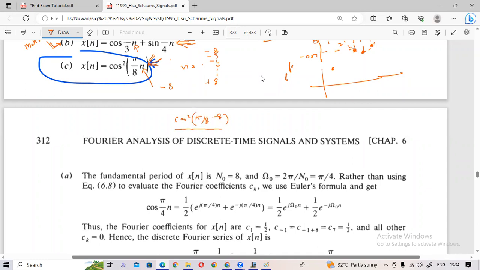So you can find this value using a calculator. That is the value for n equal to -8. In the same manner, you can add -7 here, then -6, and so on, you can find some values.